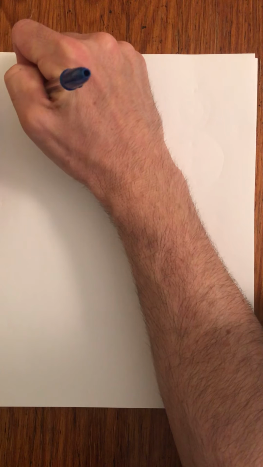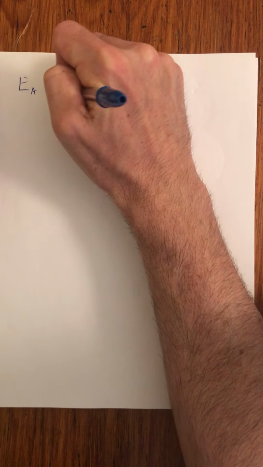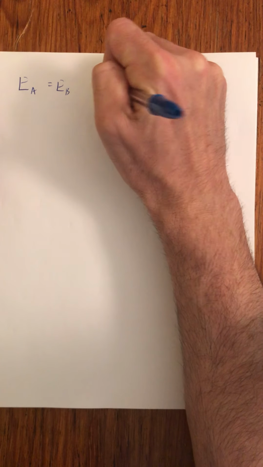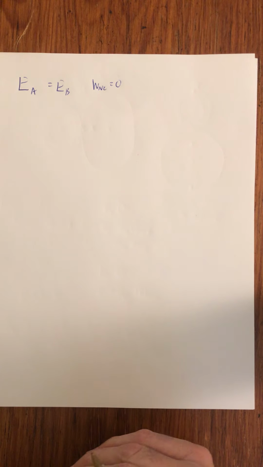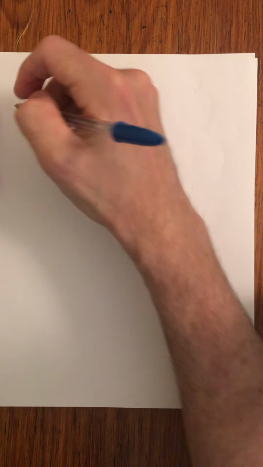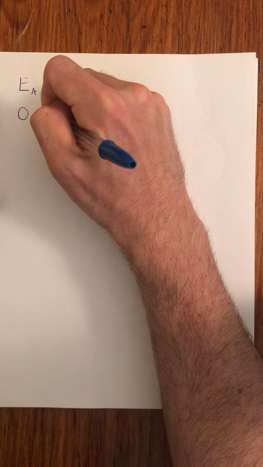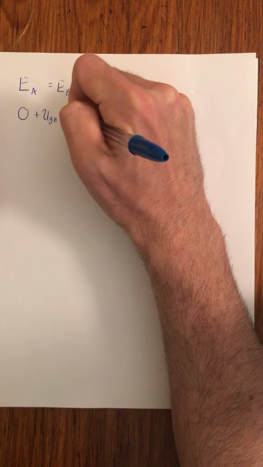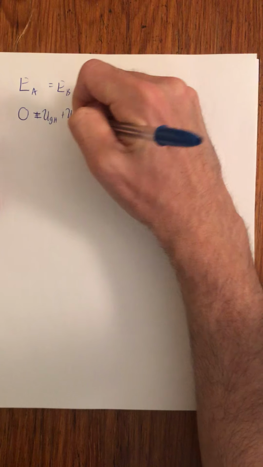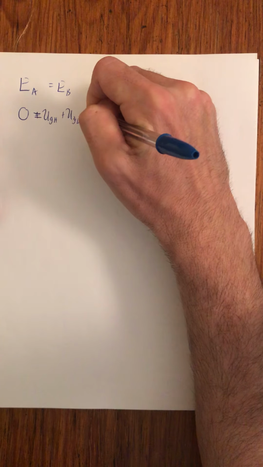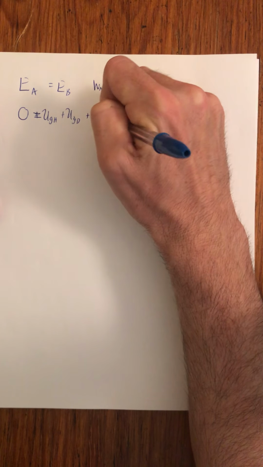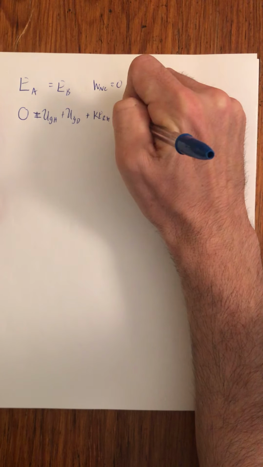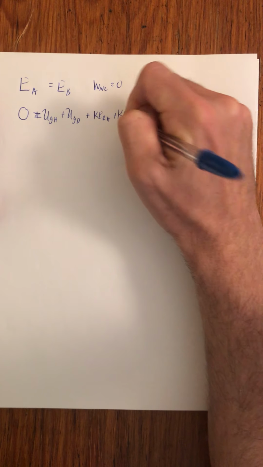No matter what, I know E_A is equal to E_B, because the work non-conservative is equal to 0. We have only gravity doing work here, and so that makes it nice and simple. We know that this is 0. We know that this is U_G of the hoop plus U_G of the disk equal to KE_R of the hoop plus KE_R of the disk.